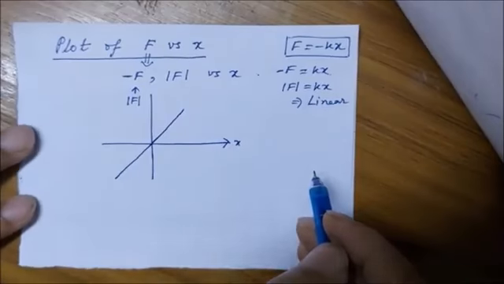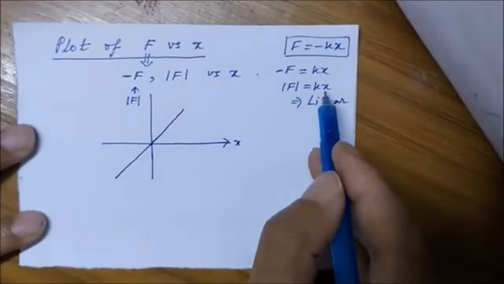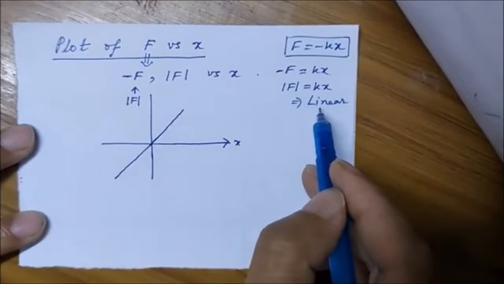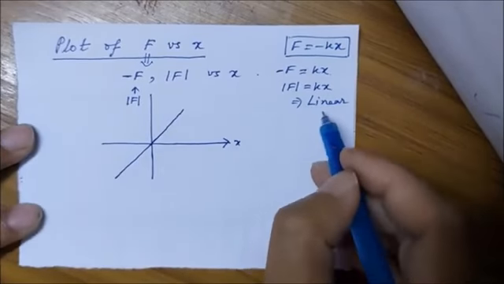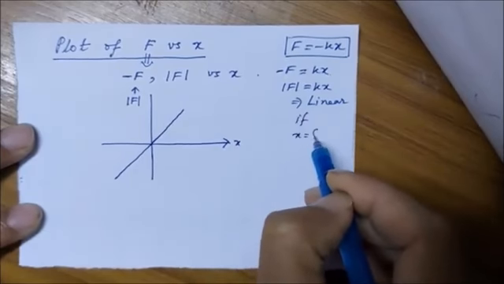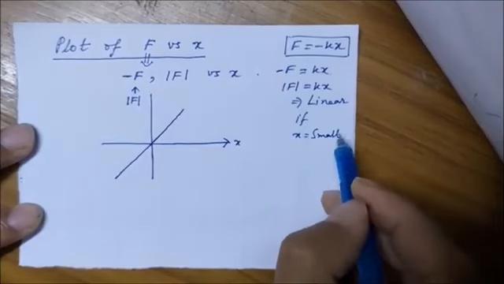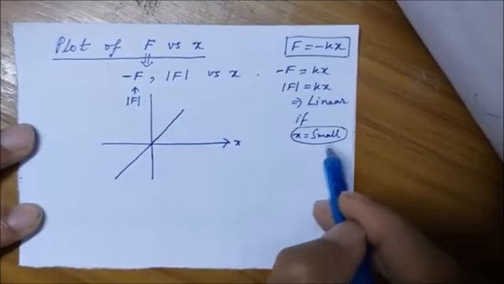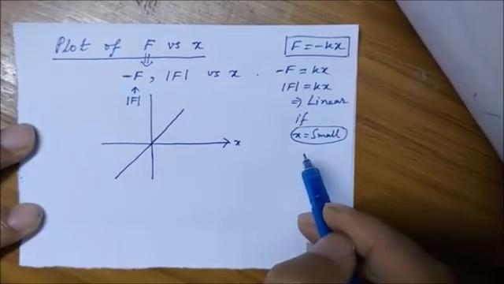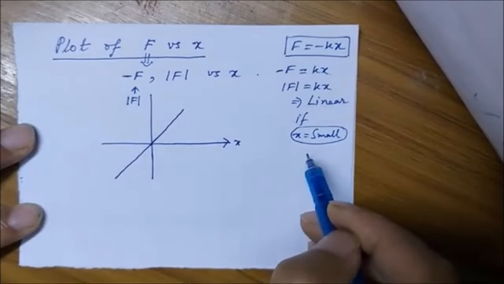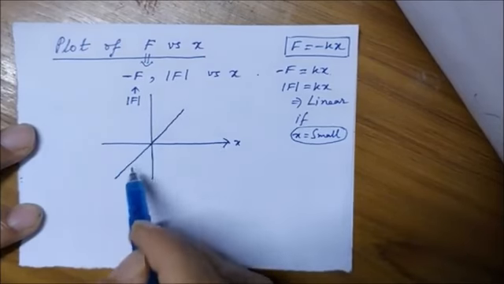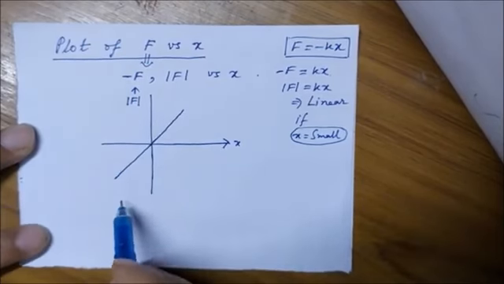But we have to be careful about the restriction on x. This is linear under a certain approximation, and the approximation is that x is small, under which the motion is simple harmonic, which is also called the elastic limit. So the force varies as x linearly if x is small.